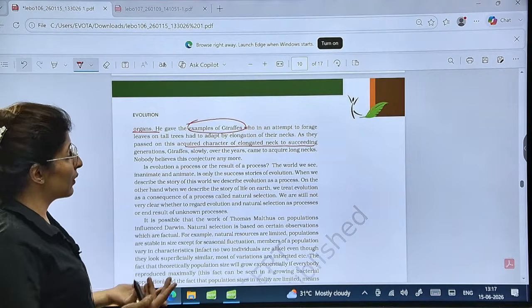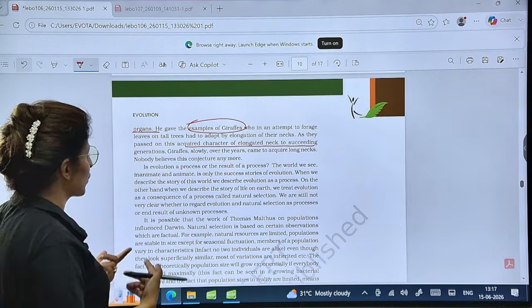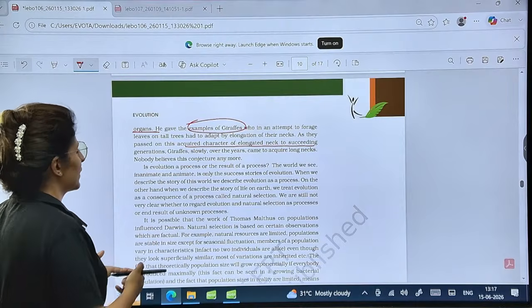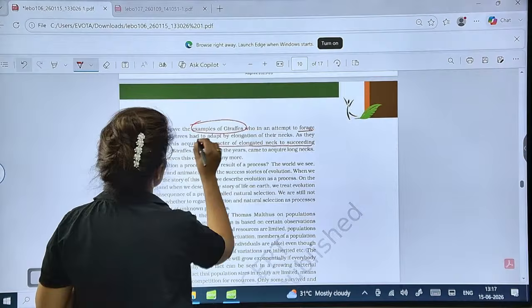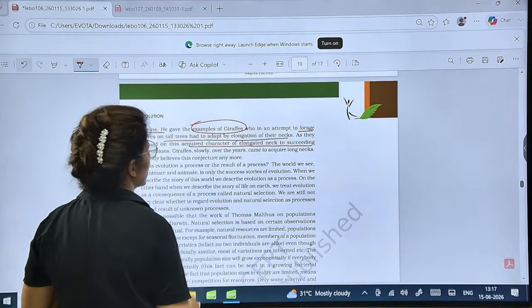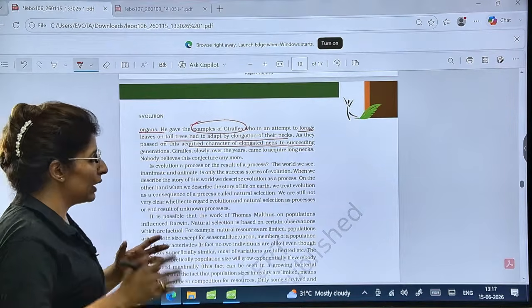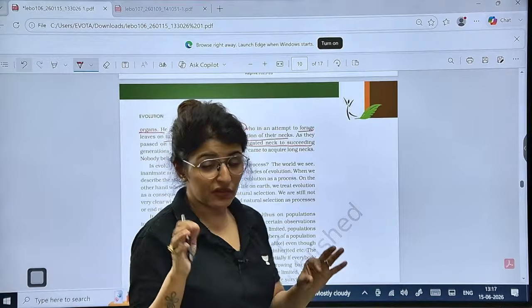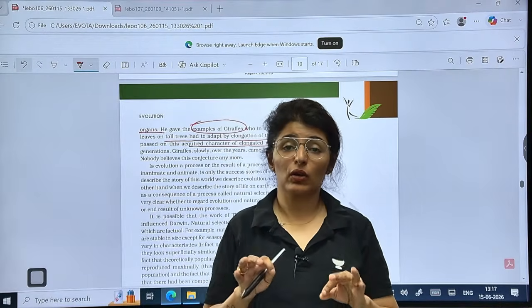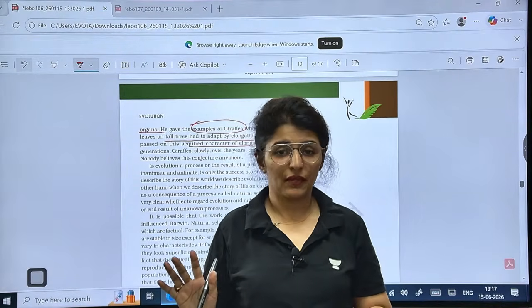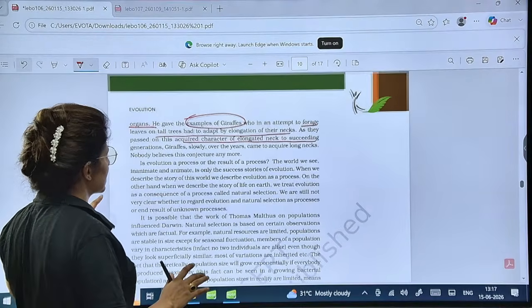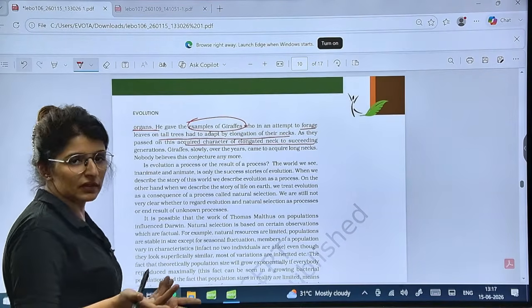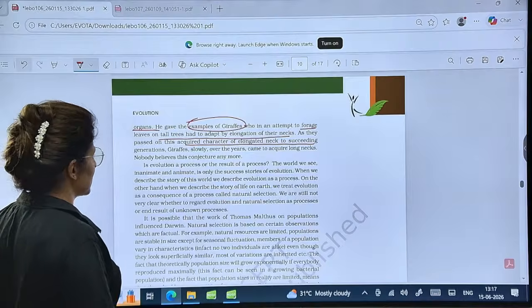This happened over generations. It was not an overnight thing. To forage the leaves on tall trees, they had to adapt by elongation of their necks. So elongation of neck in giraffe is explained only by Lamarckism. Is that clear? This is explained only by Lamarckism. Nobody believes this conjecture anymore, but we don't have any other explanation for this as of now.